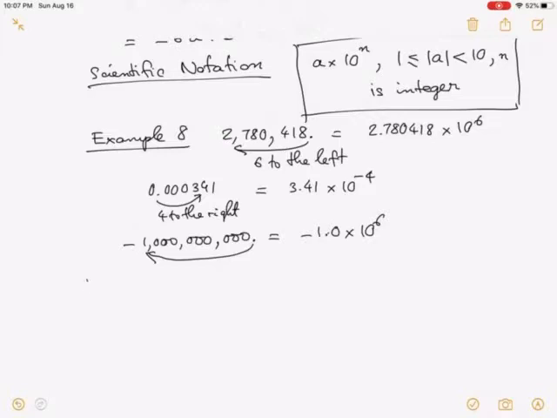Now, how do we convert scientific notation to standard notation? Example 9.